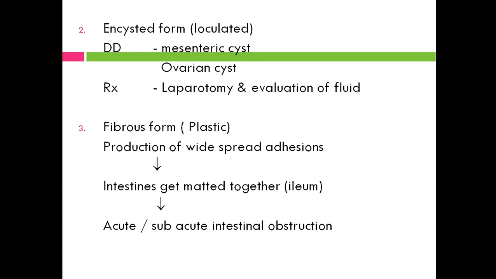In the plastic form or the fibrous form, because of the widespread adhesions, what happens is the intestines, especially the ileum, because the most common site is the Peyer's patches of the ileocecal region, get matted together, resulting in acute or subacute obstruction.